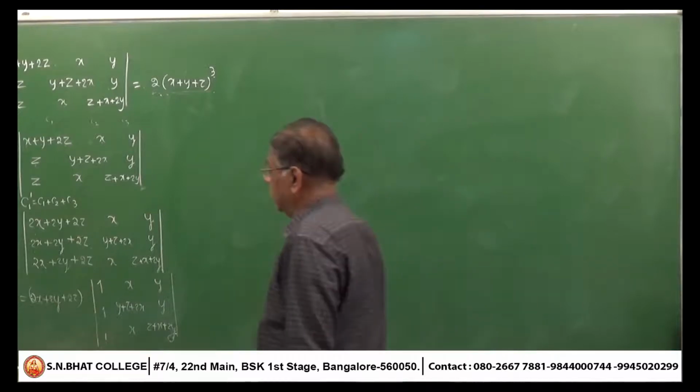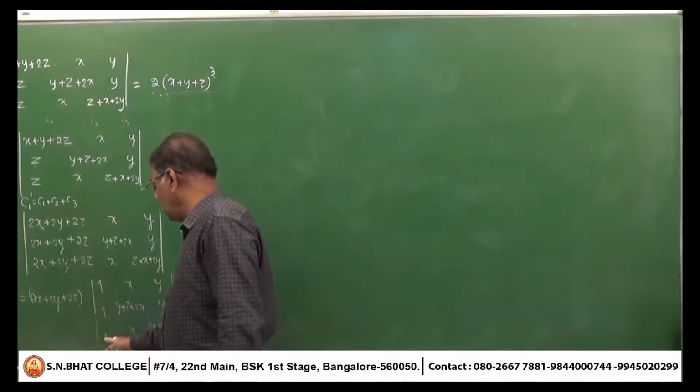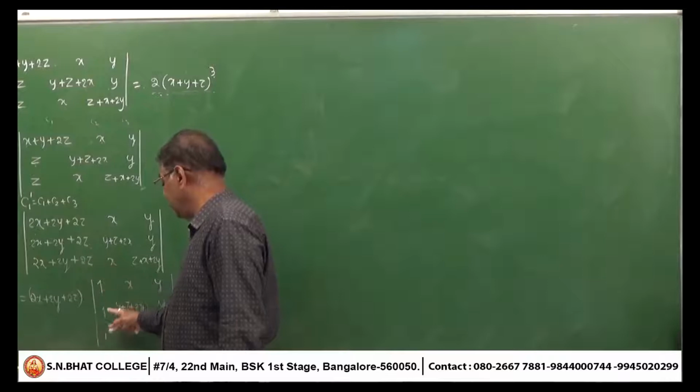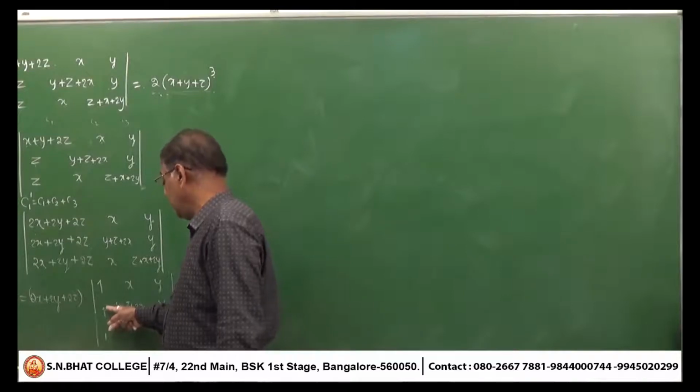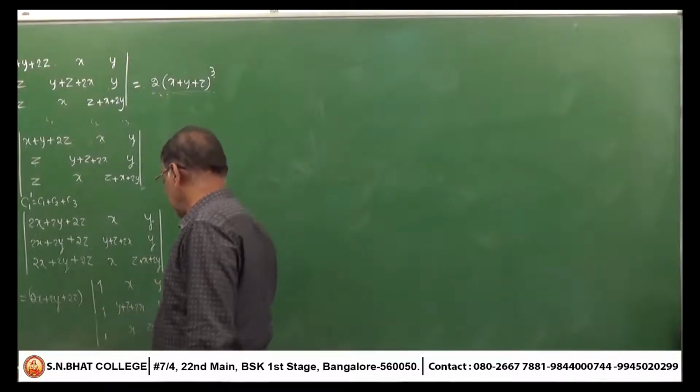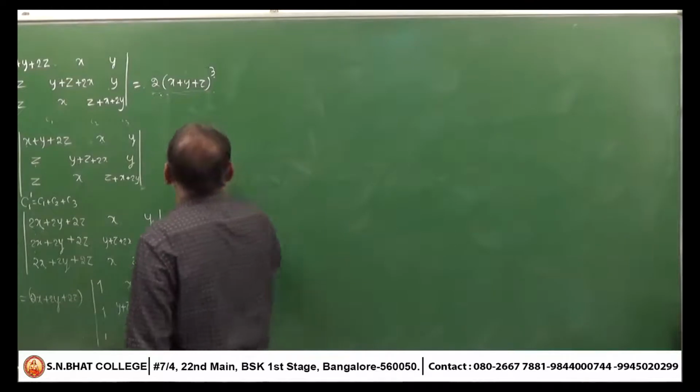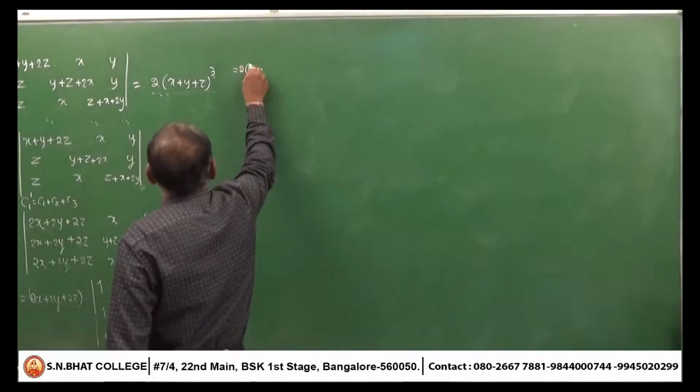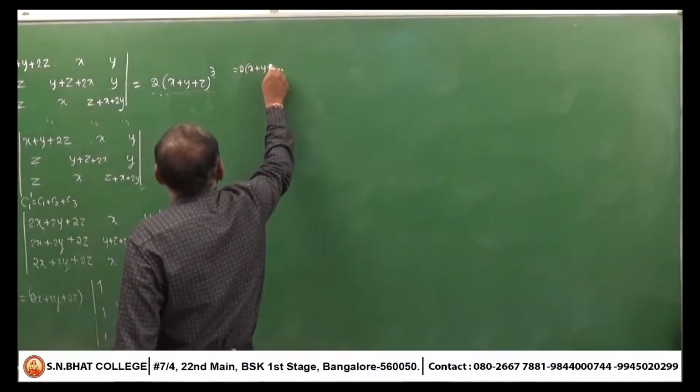In any row or any column, if all the elements are 1, 1, 1, you have to make any two of the 1s zero. I have to make these two 1s zero using row operations: R2 minus R1, R3 minus R1. You write 2 into (x plus y plus z).